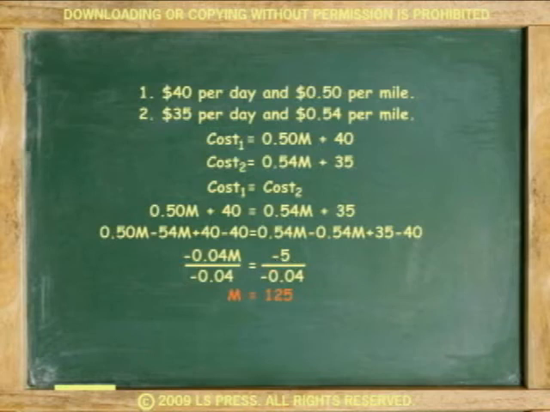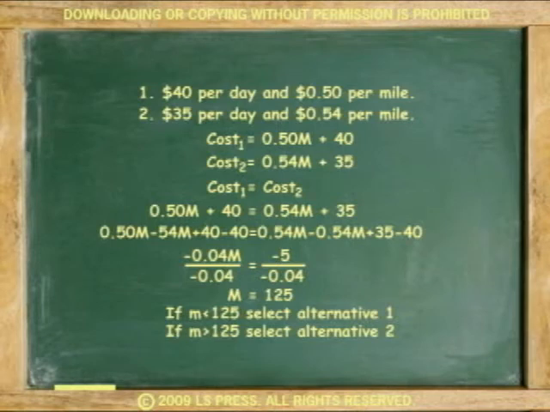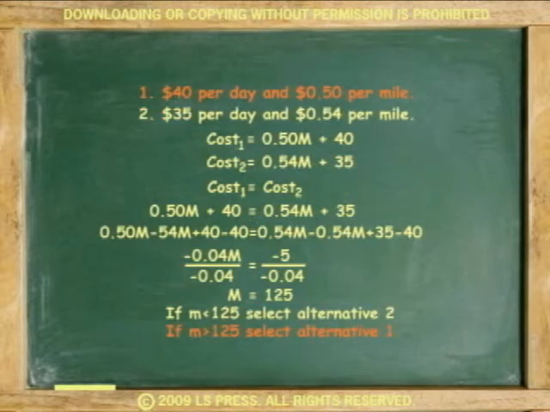At 125 miles driven, the costs are equal. This means drive less than 125 miles, select lower cost per day and higher per mile rate. Drive more than 125 miles, select higher per day rate and lower per mile rate.